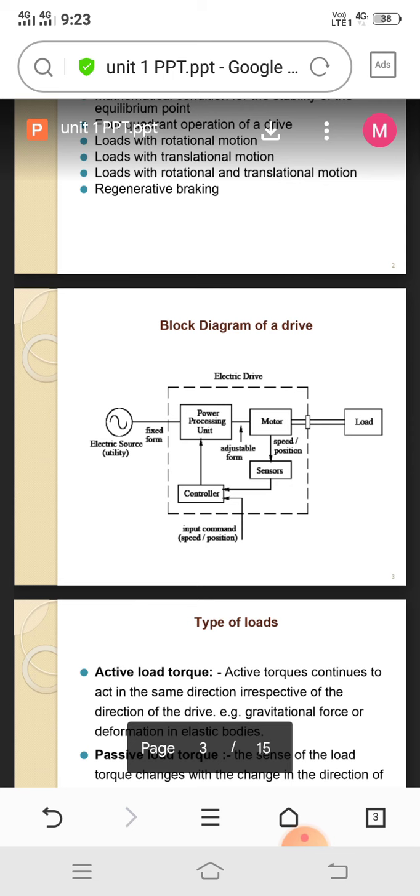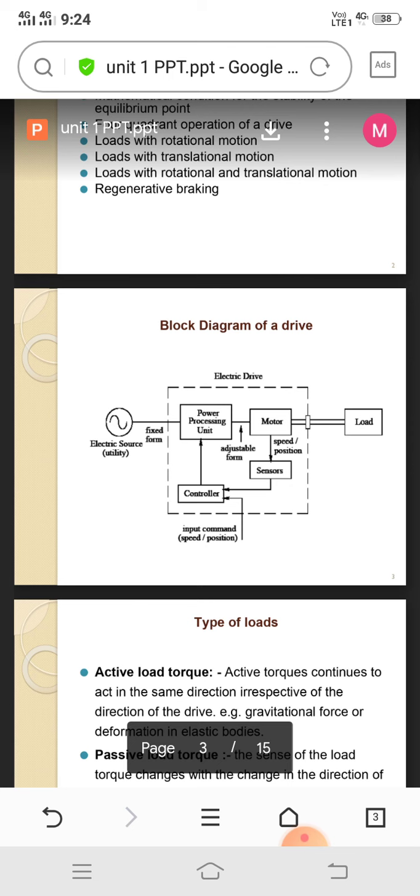To expect a perfect output, we must follow a controlled switch of AC sources. Then this power processing unit functions depending upon the expectation of the load.